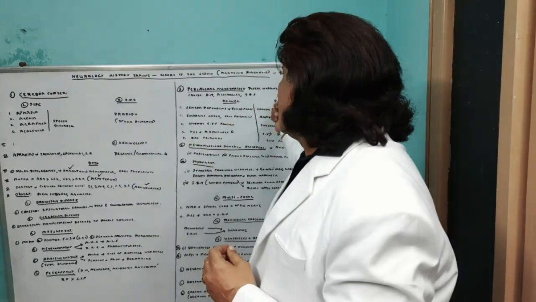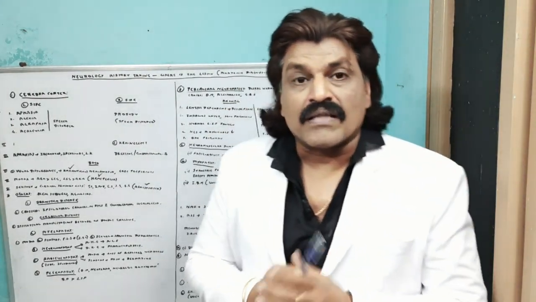But before I dwell into the topic, we need to understand one important point, the Bayes theorem. Accordingly, the rare manifestations of common disease are commoner than the common manifestations of the rare diseases.